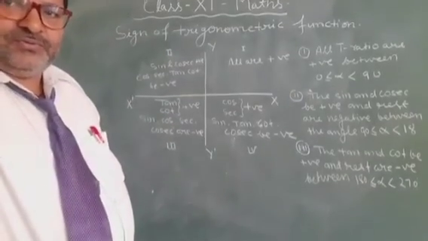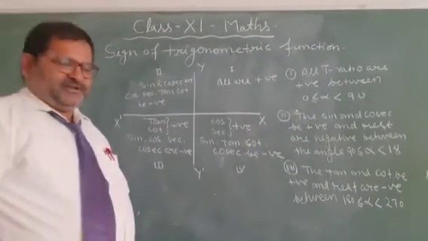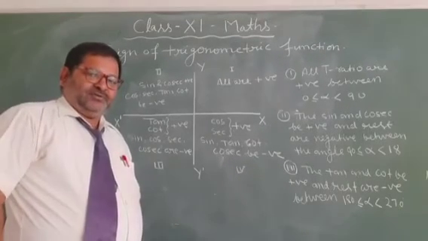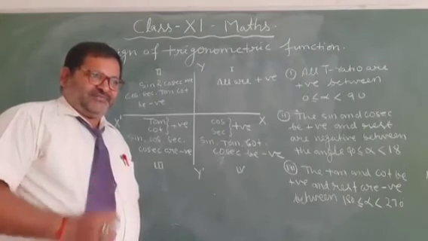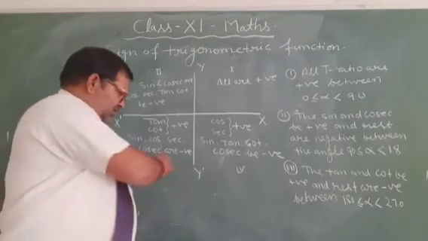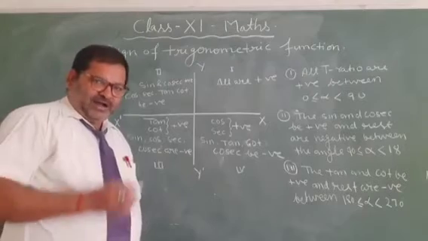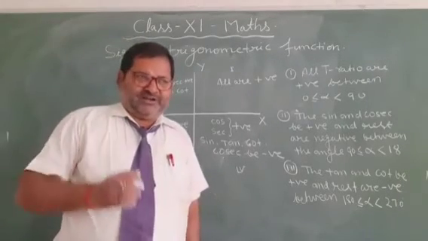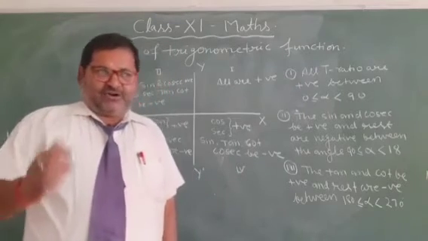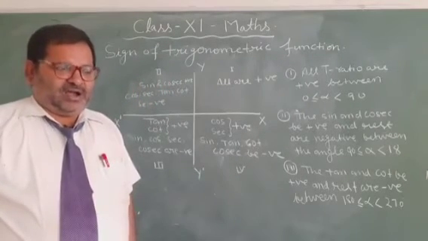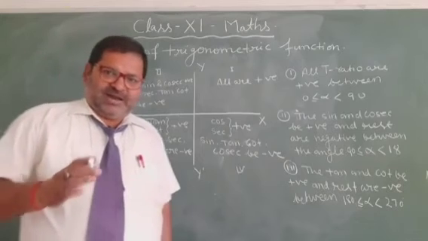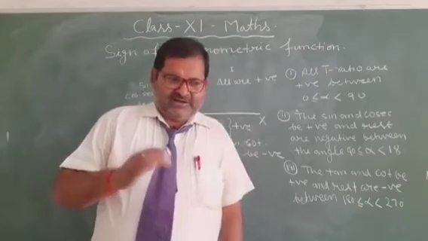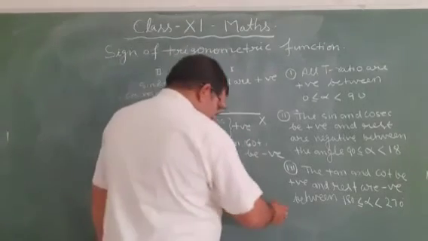Therefore, the angle of trigonometric functions in the third quadrant is between 180 to 270. The tan and cot functions are positive, and the rest are negative.